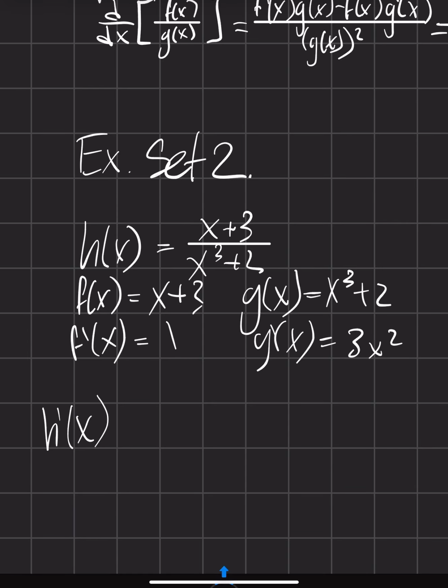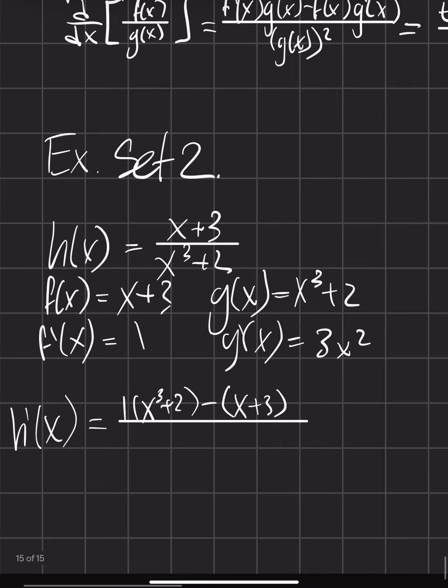So h prime of x is going to be equal to, we take the derivative of the first one, which is just 1. Then we need our g of x function, which is x cubed plus 2. And then we're going to subtract by our f of x function, x plus 3, and then our g prime function, which was 3x squared.